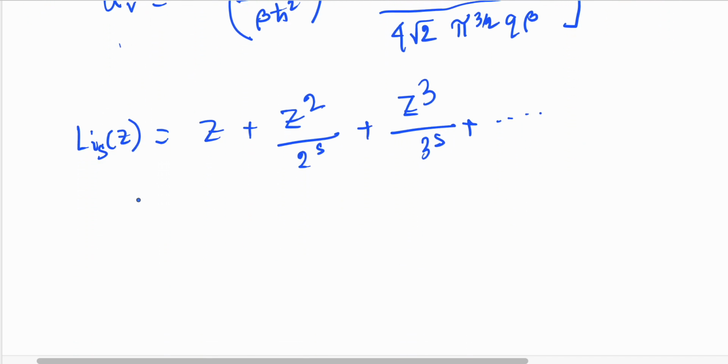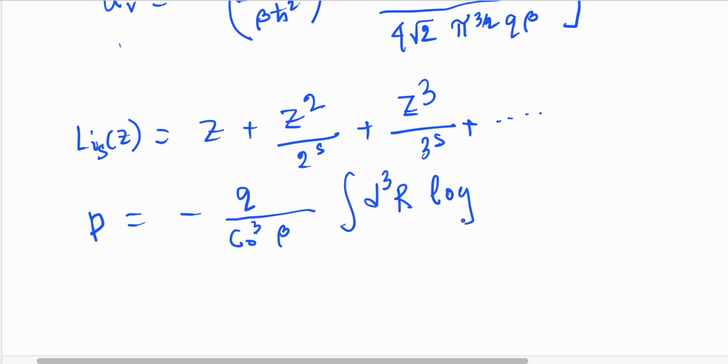And similarly you can calculate the pressure of the system, which will be minus Q by lambda0 cube beta into the integral d cube r of log of 1 plus Q e to the power minus r square e to the power beta mu.